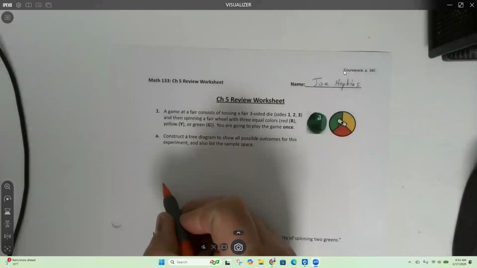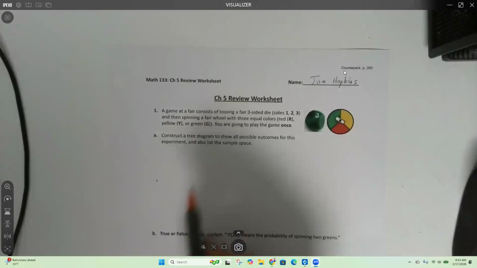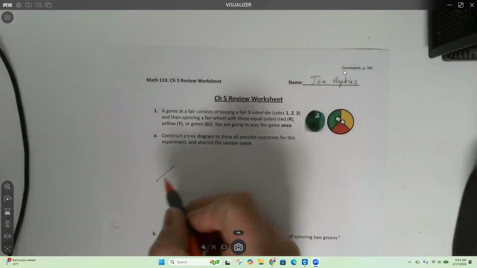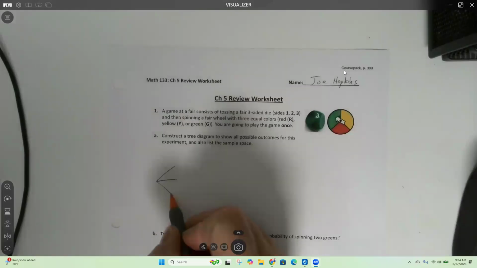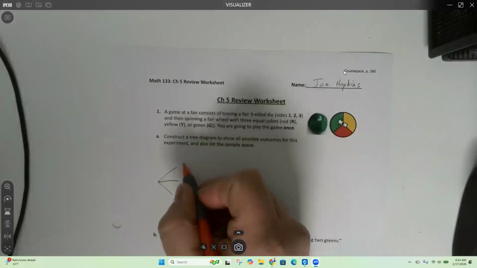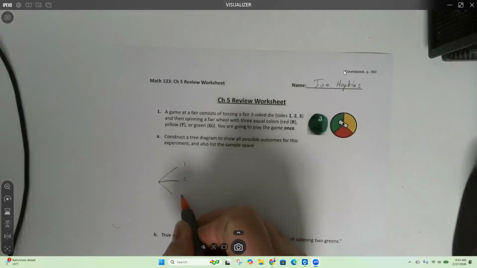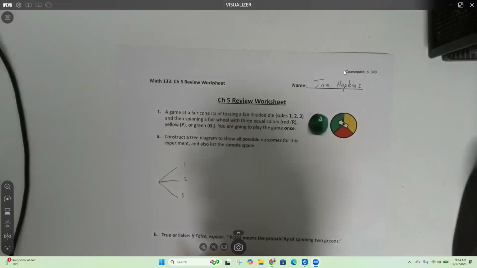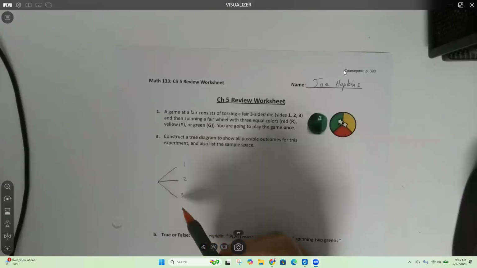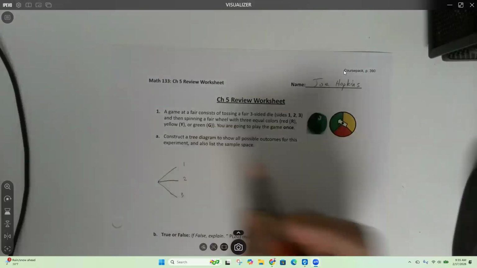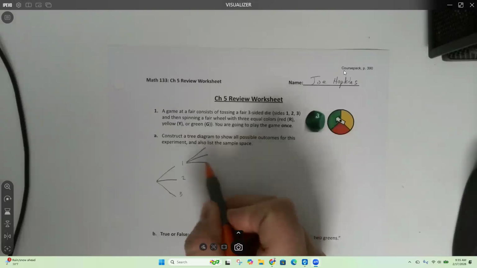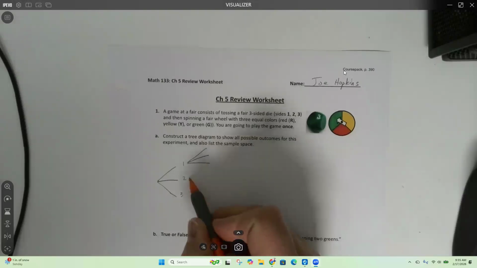So a tree diagram, here you are at the start. The first thing you do is you roll the die, and there are three possible results for that. You could roll a one, a two, or a three. After you roll, whether you get a one, two, or three, you then spin the spinner, and there are three possible results for that.